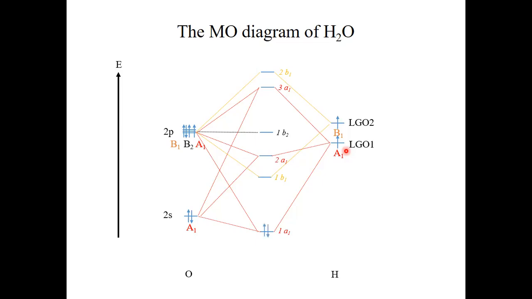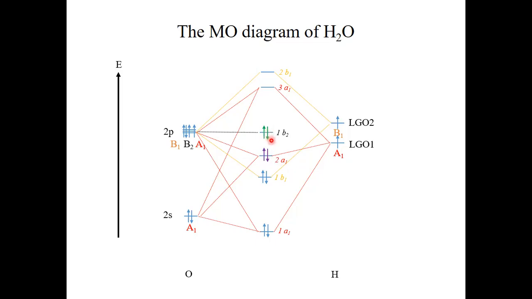So that means that the 1a1 gets filled, the 1b1 gets filled, the 2a1 gets filled, and the 1b2 also gets filled. Then we have 2, 4, 6, 8.